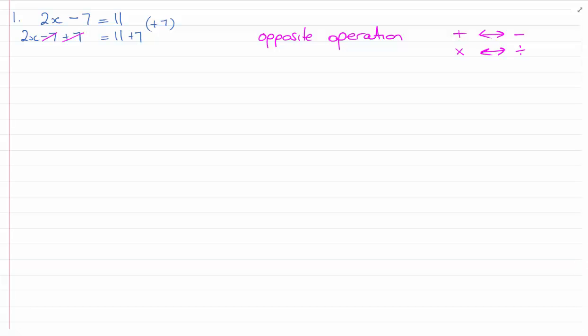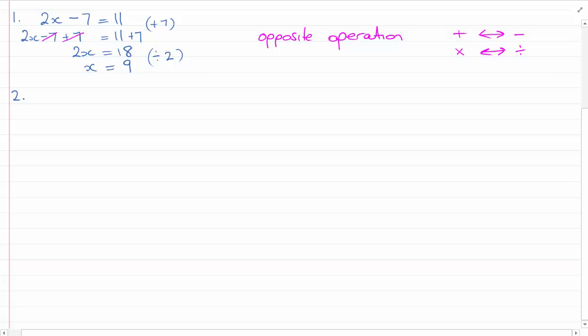So my new line of working is 2x equals 18, and I've got 2 times x, so now I divide by 2, which gives me x is equal to 9. And you can see that I've gotten a little bit simpler with my working and haven't done the divide by 2 on both sides. I'm going to start working along those lines as we move through.